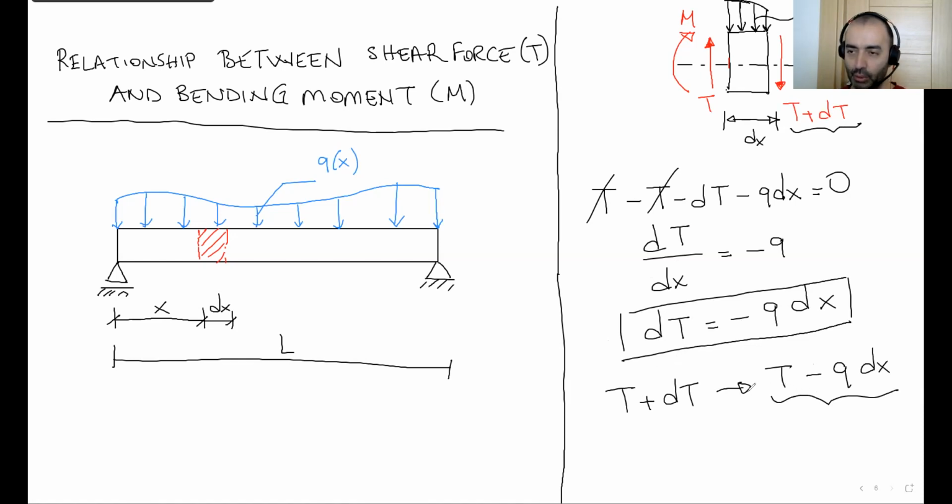What this shows me is, if I know the shear force at one point, for example here at the left-hand side, then I can reduce the external loading and get the right-hand side shear force without any specific calculation.